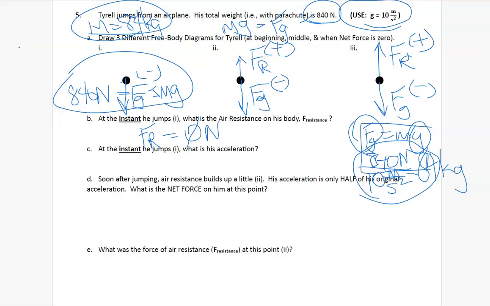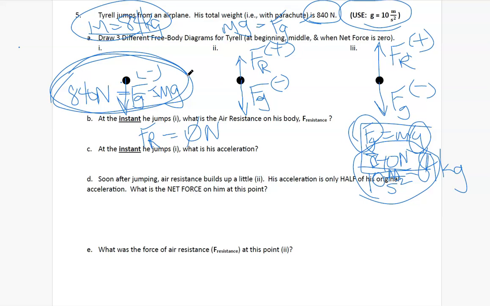All right, let's look at part C. At the instant he jumps, so again, this free body diagram, what is his acceleration? Well, I could go through a calculation, but there is a way to use simple logic on this as well. The only force on him at this point is the force due to gravity, and therefore that is by definition free fall.